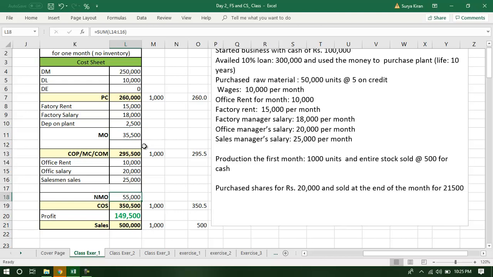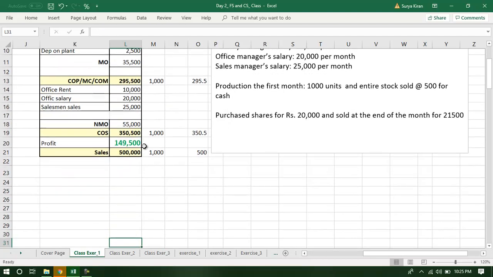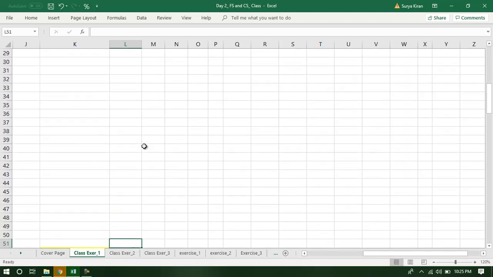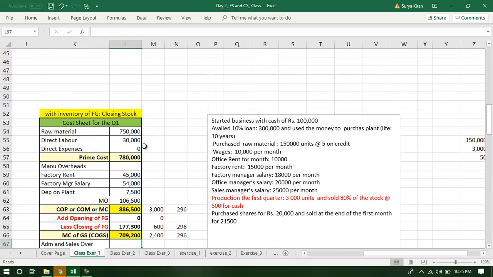So depending on the question, depending on the situation, you can actually analyze and examine this information. Now let us try to put some more information to make the cost sheet more meaningful. Okay, let us go down and see here.